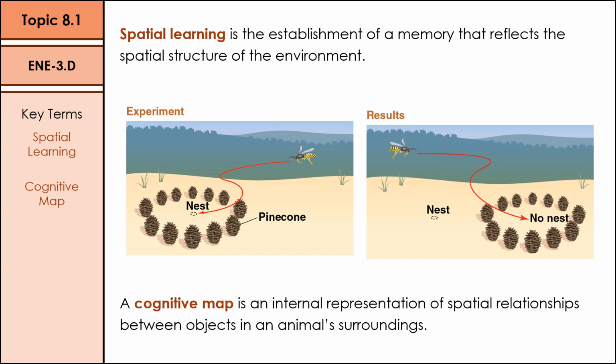I can close my eyes and I can see where I left that item. That is a cognitive map, which helps you in spatial learning. Organisms use this all the time to help them orient themselves in their environment, to identify things that may be important in the future. And it is another example of learning.